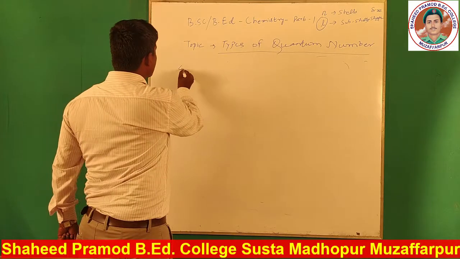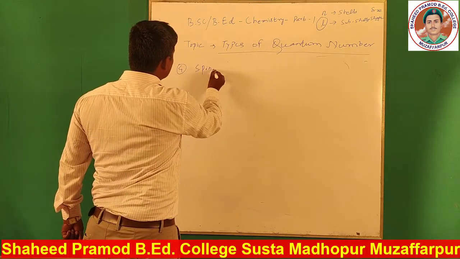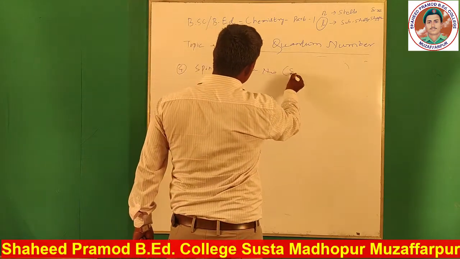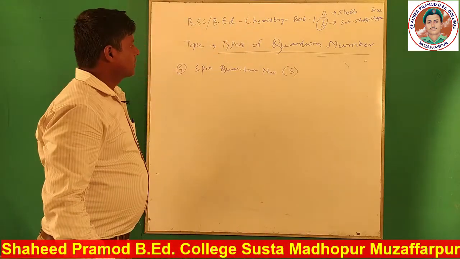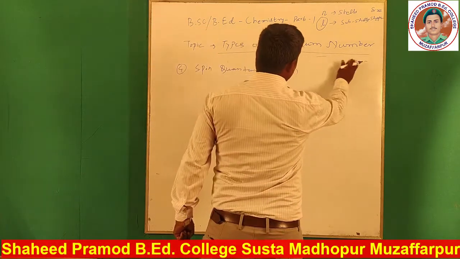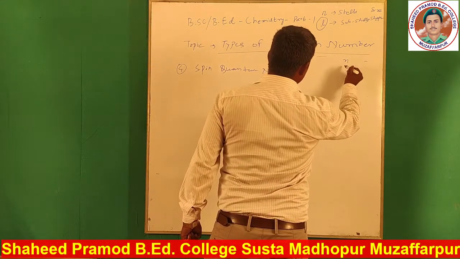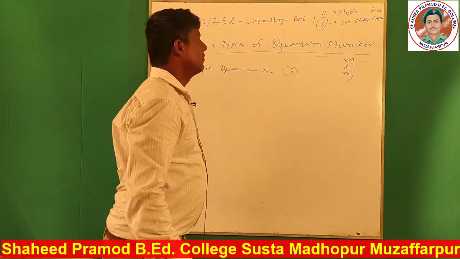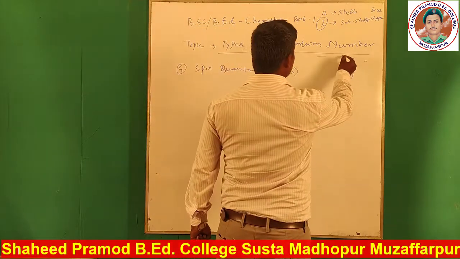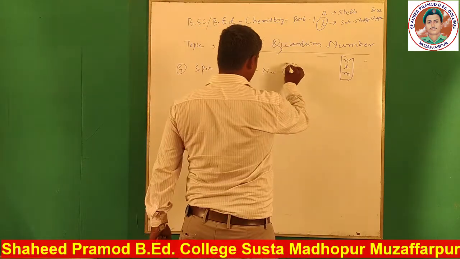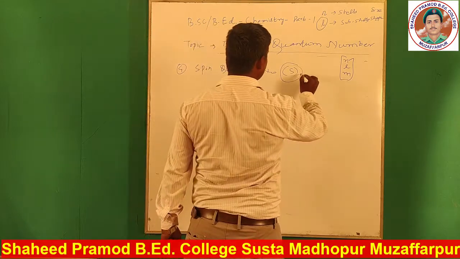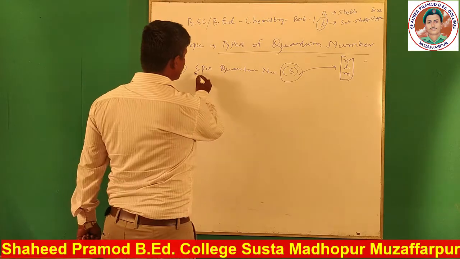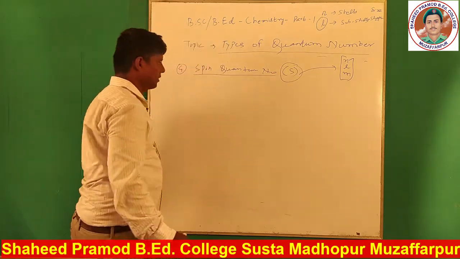So, what is the spin quantum number? That is denoted by S. Already we have discussed that the starting 3 quantum numbers, n, L and m, are related with the result of the 3-dimensional solution of the Schrödinger wave equation, but this quantum number is not interlinked with this. So, this is a totally separate quantum number, that is called spin quantum number.